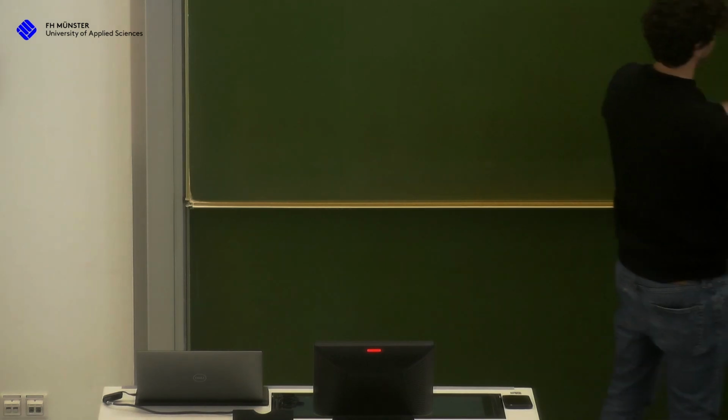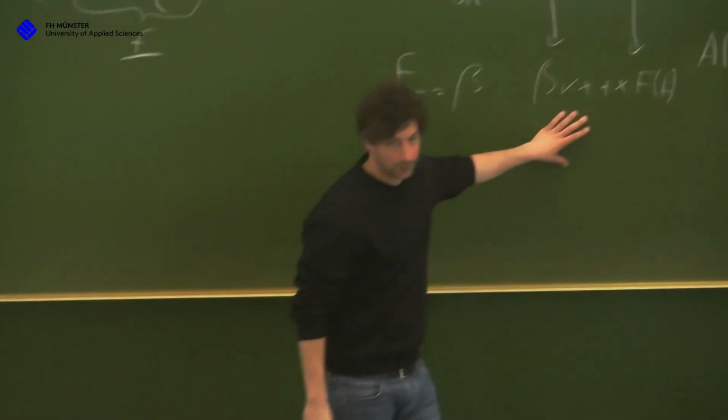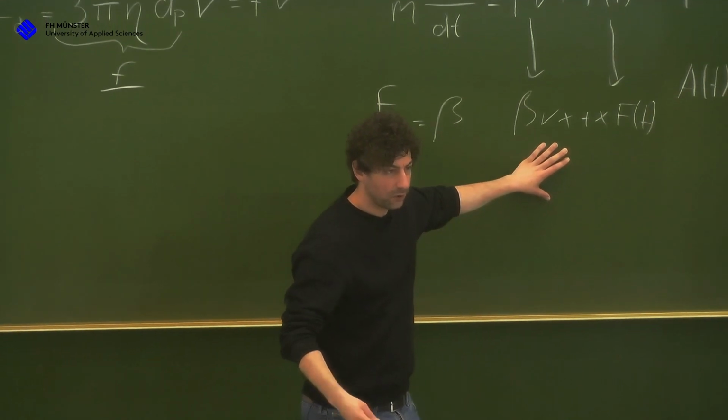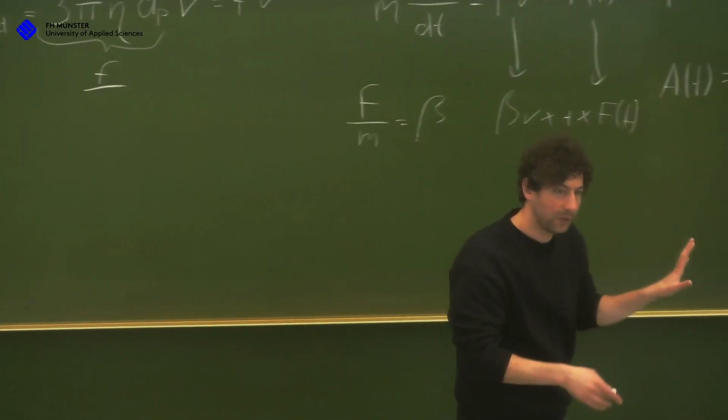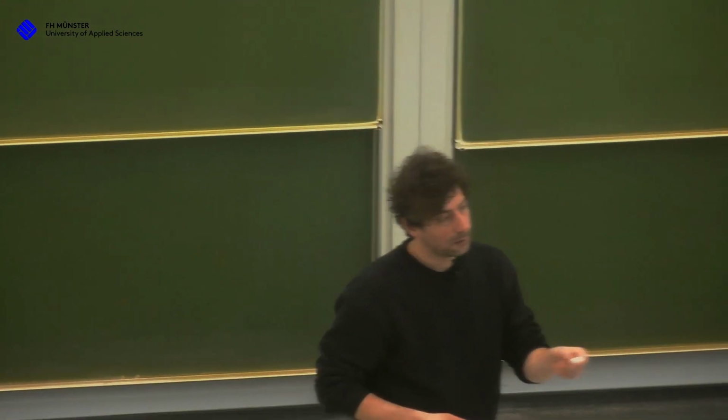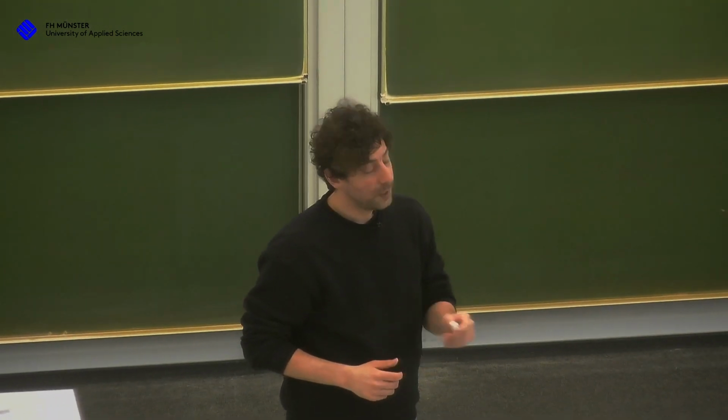So we would have here x times F(t). So we have somehow simplifications of the equation, okay? Why are we doing these simplifications? Why are we playing around with the variables here? Yeah? To simplify the equation.